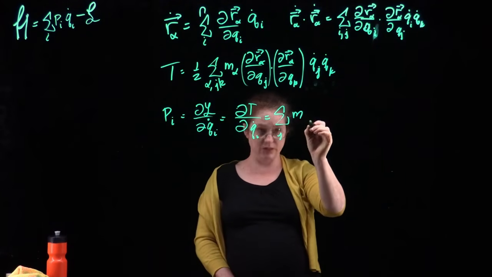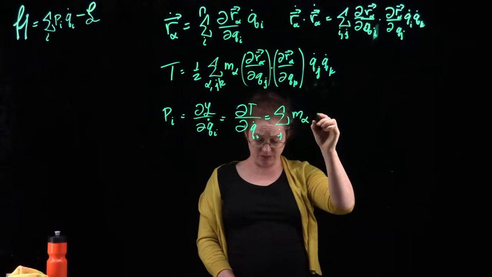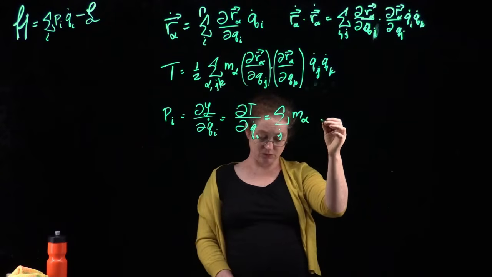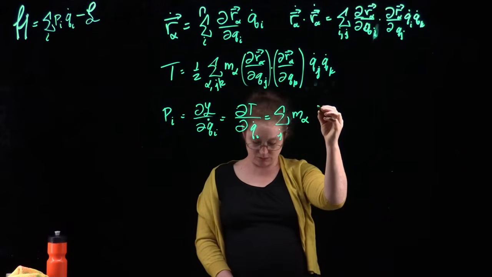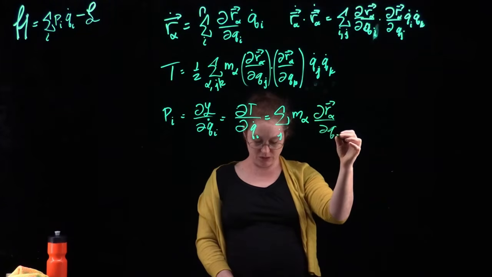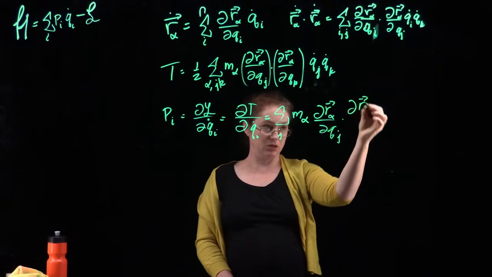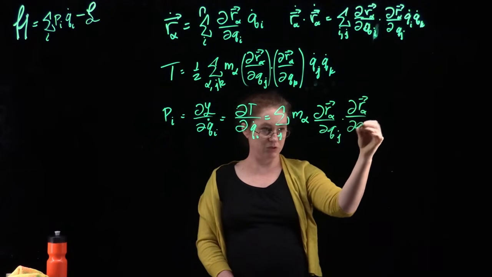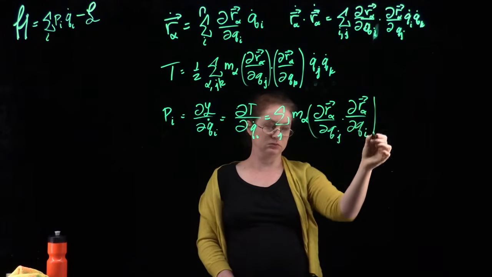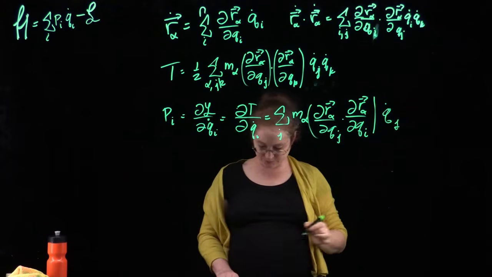Here, because we were only considering one particle, I have the m alpha and partial r alpha, partial qj, partial r alpha, partial qi, qj dot.